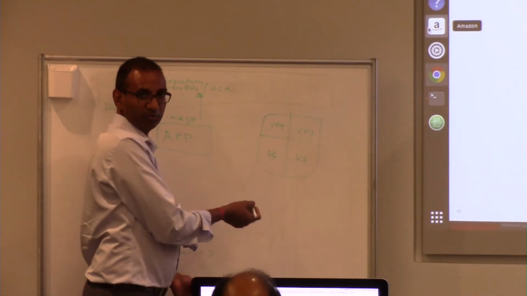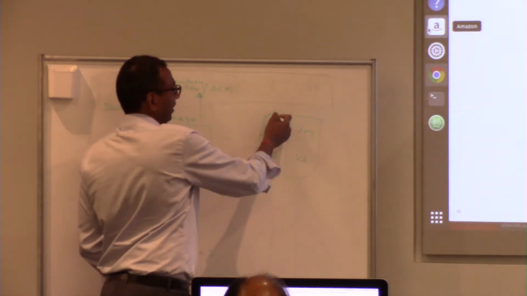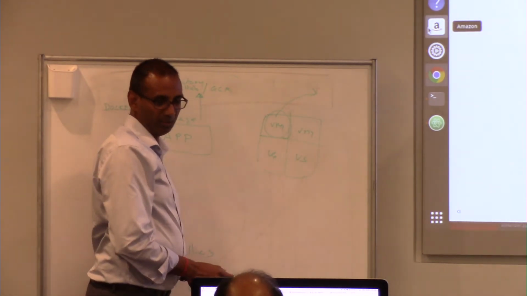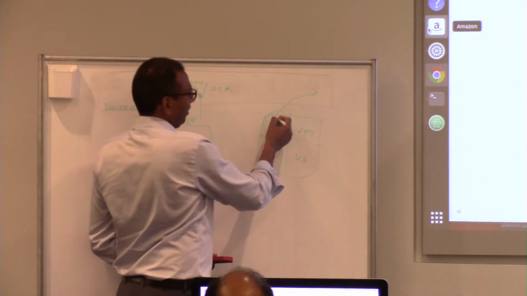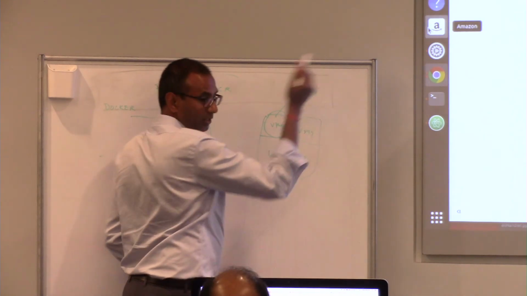What Amazon does is it takes this as a VM and says this is your virtual machine instance. It's not a physical box. On this VM, which is one single CPU, one core, you could have as many containers as you want.